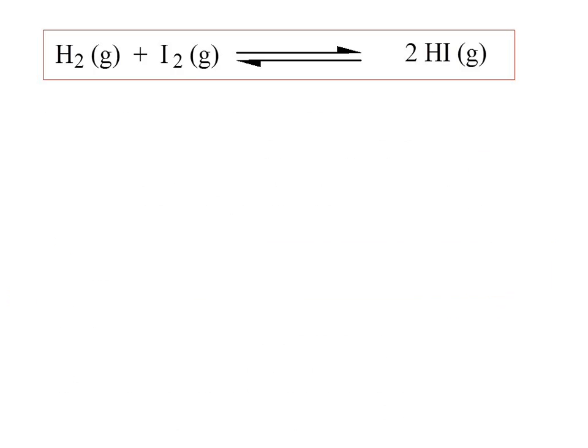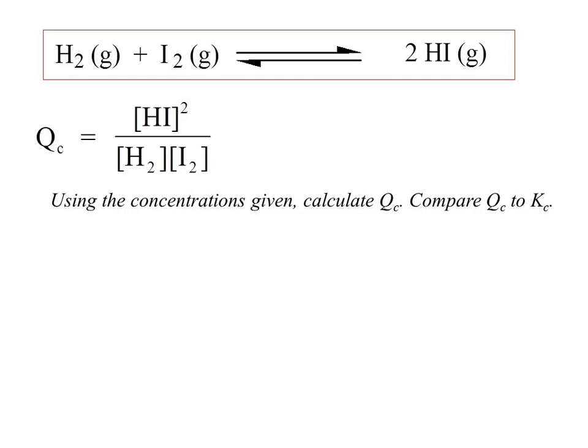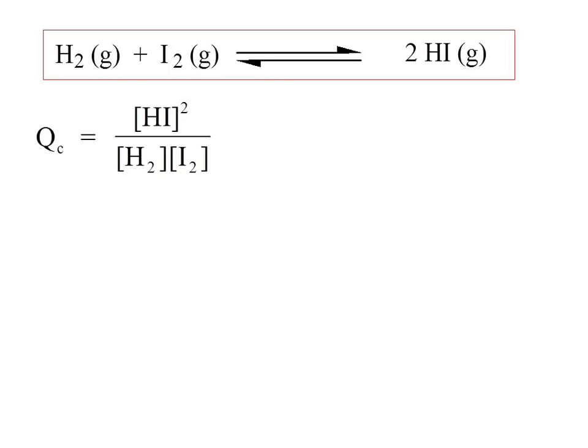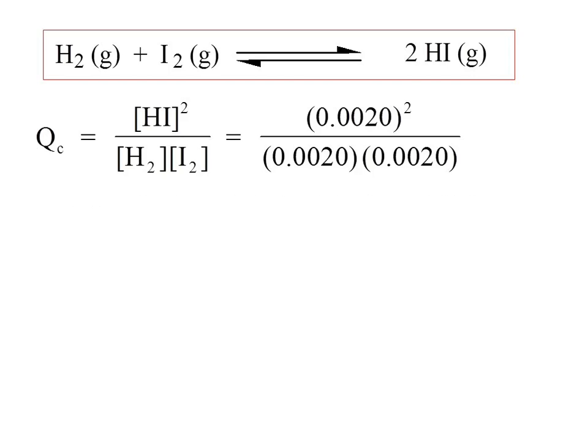So here we go. Plug and chug. There's our reaction quotient expression. It's the same thing as our equilibrium constant expression. We plug in our 0.0020 in all of that. And the math is kind of fun, isn't it? Because basically everything cancels.